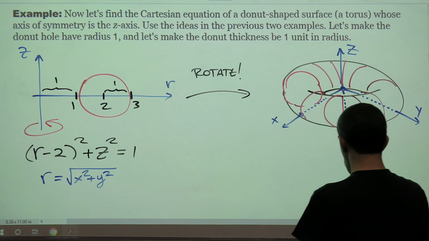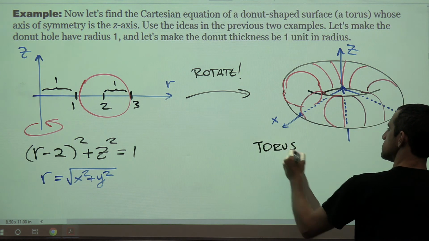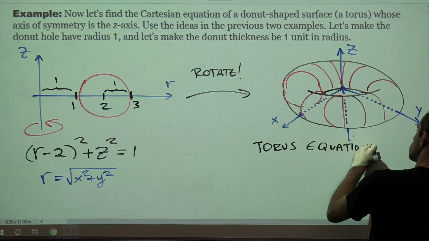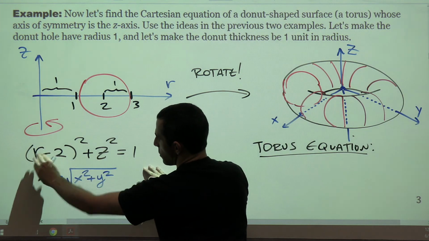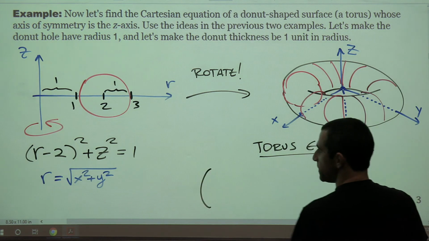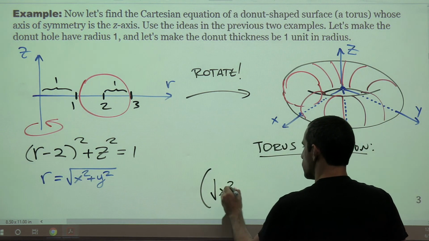So the equation of the donut, the torus equation, will be this equation right here with r replaced with the square root of x squared plus y squared. So it's going to be this parentheses, r becomes square root of x squared plus y squared.